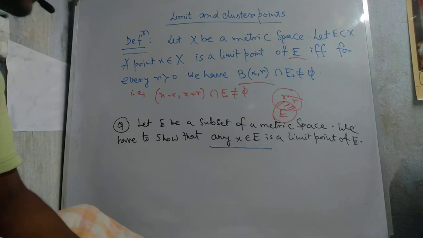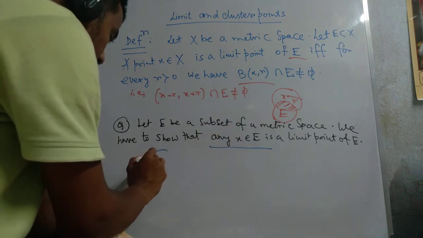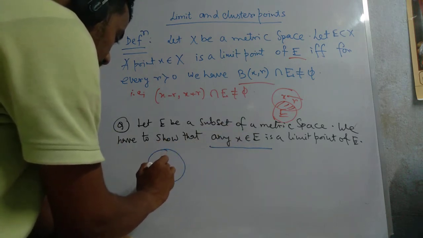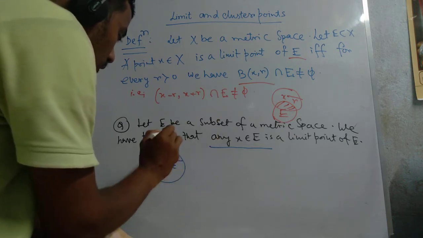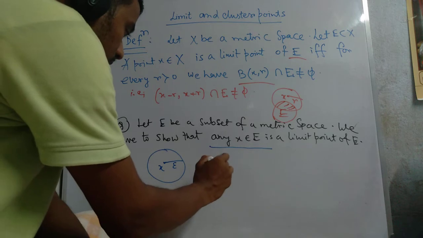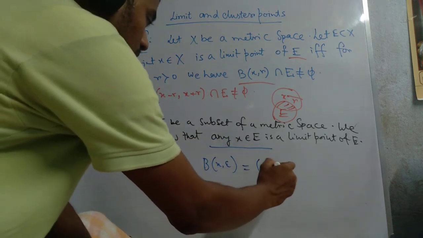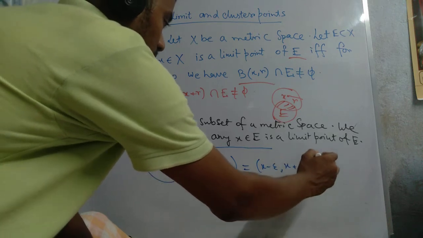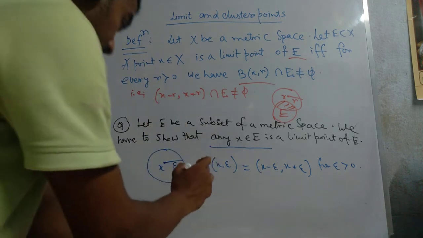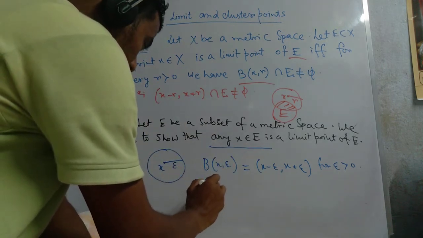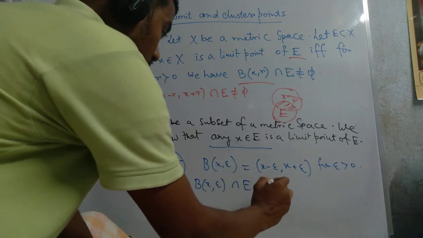That means if we take any subset of a metric space, then we find around x one ball of epsilon radius. That means B(x, epsilon) equals (x minus epsilon, x plus epsilon) for epsilon greater than 0, and this ball intersection E not equal to empty set.